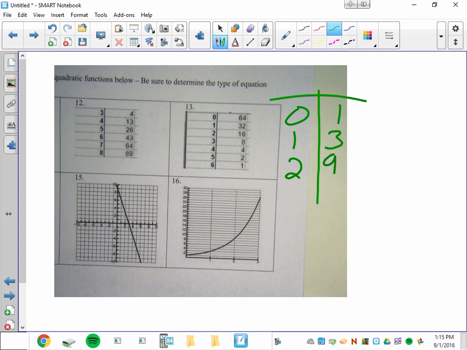And then 3, 27. And the pattern here is times 3, times 3, times 3. So this is exponential. To find that equation, you plug in 2 points into your stat, go into exponential regressions, and calculate, and that will tell you the equation.